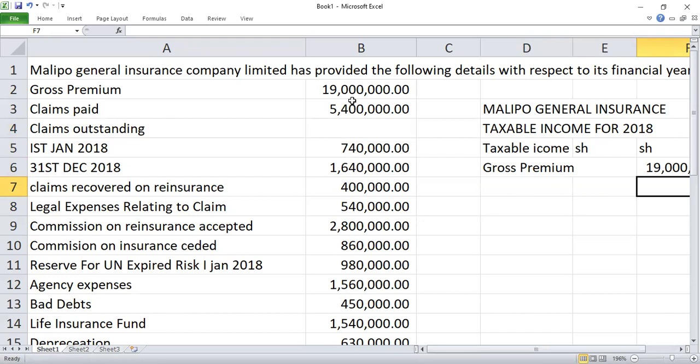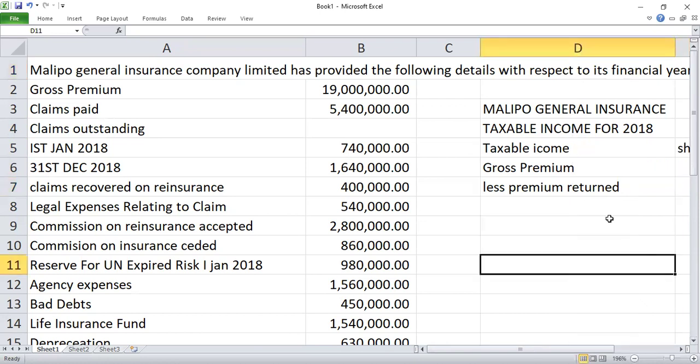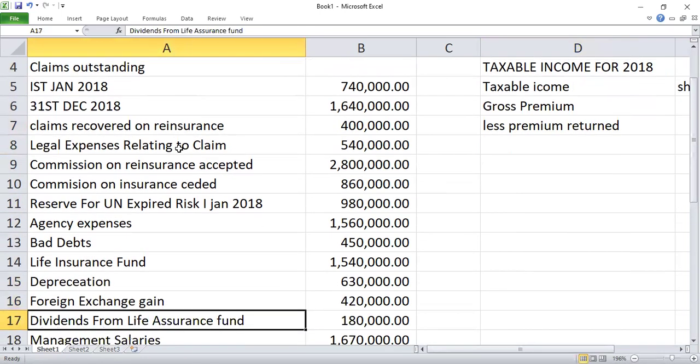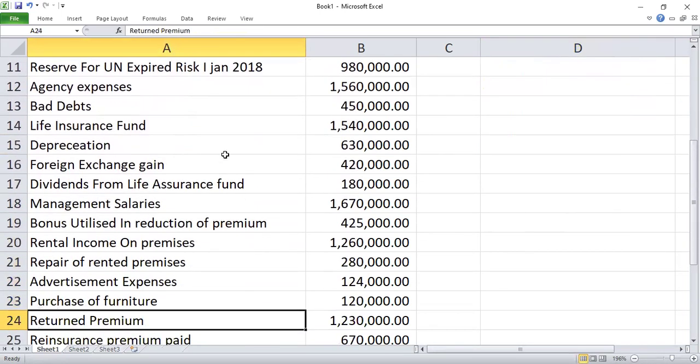We normally subtract the return premium: less premium returned. We are going to subtract the premium that has been returned from the gross premium. The return premium is here.